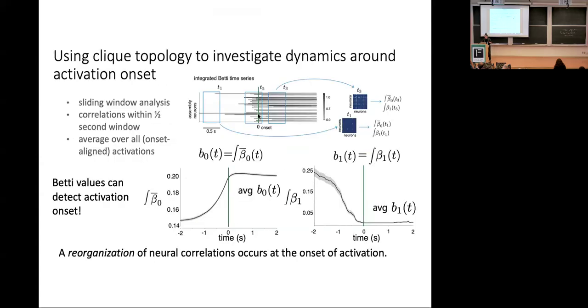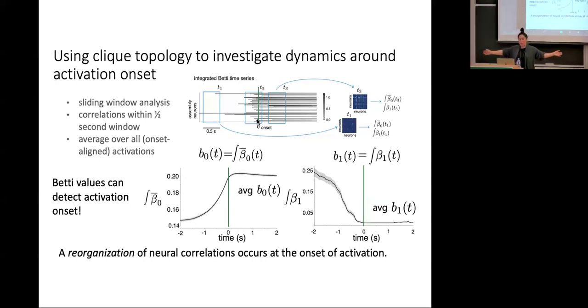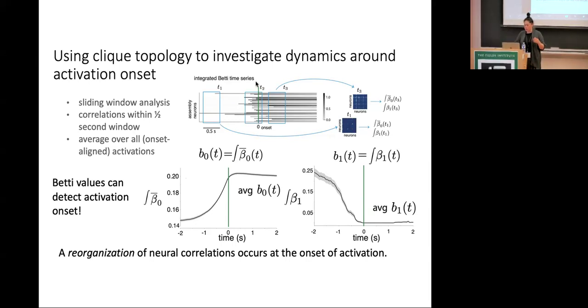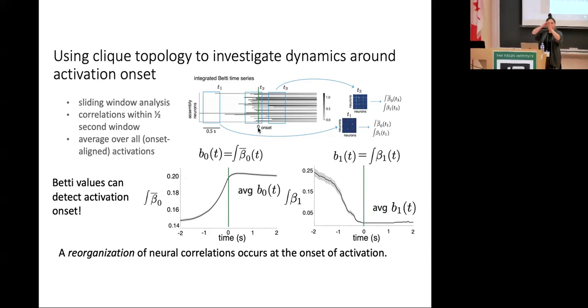For the sliding window, we looked 2 seconds prior to activation to 2 seconds after. We did look further, but the reason we chose 2 seconds around the onset is because of the decay rate of the calcium indicator we're using, GCaMP6F. It's a fast one at the time, and the decay rate is about 3 seconds long.